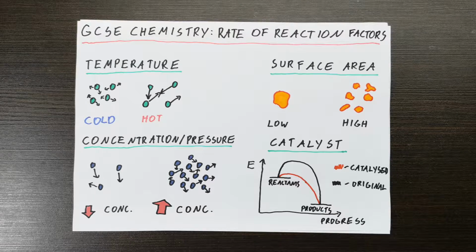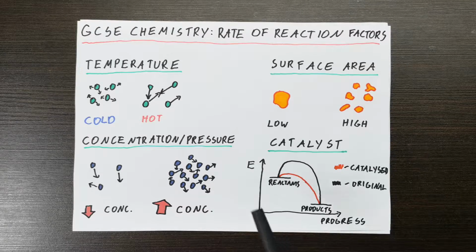So temperature increases, one, the frequency of collisions, and two, the energy that the particles collide with. Therefore, altogether, an increase in temperature equals an increase in the frequency of successful collisions, which leads to an increased rate of reaction.